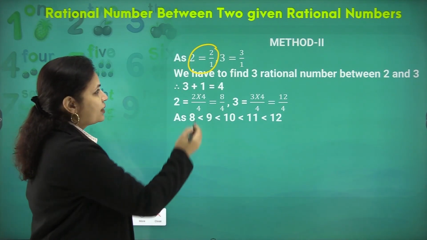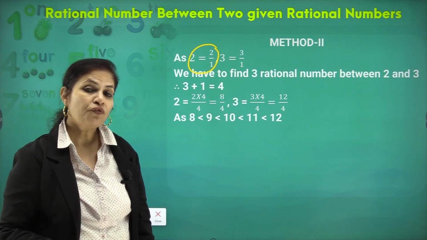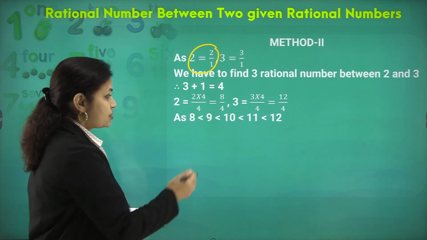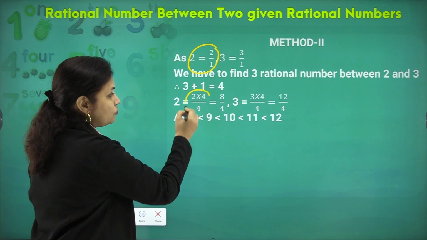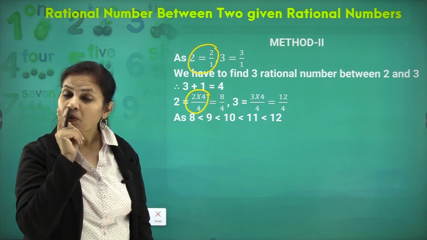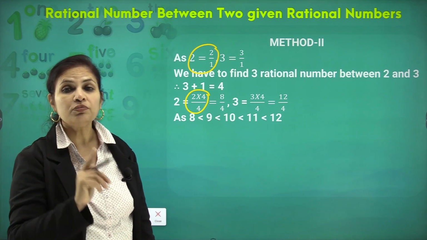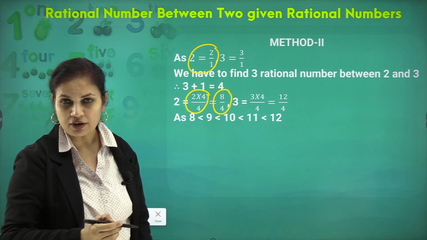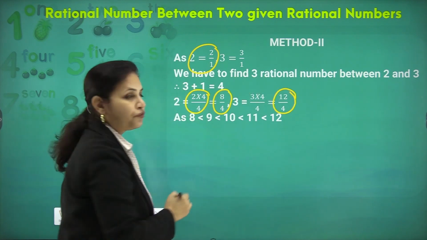Now if I have to convert the denominator of 2 to 4 using the law of equivalence of fractions, I have to multiply the numerator and denominator of 2 by 4. To make the denominator 4, I cannot simply multiply the denominator by 4, I have to multiply the numerator also by 4, and it will give us 8 upon 4. Similarly, 3 can be written as 12 upon 4.